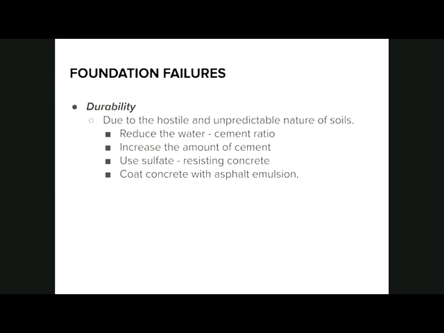We are going to incorporate these common foundation failures into the factors for a good design of shallow foundations, particularly in this next set of lecture videos on spread footings.